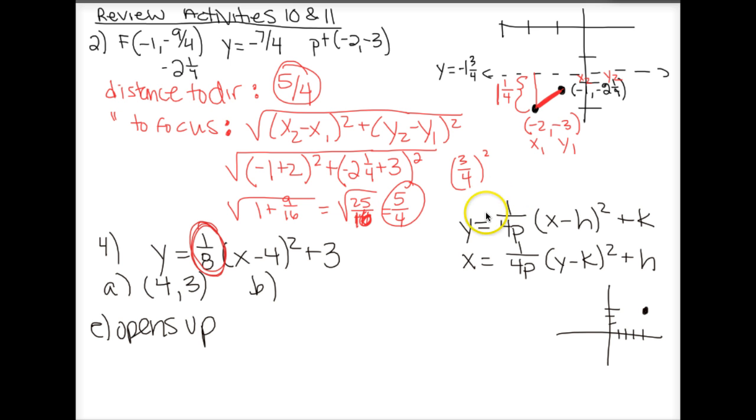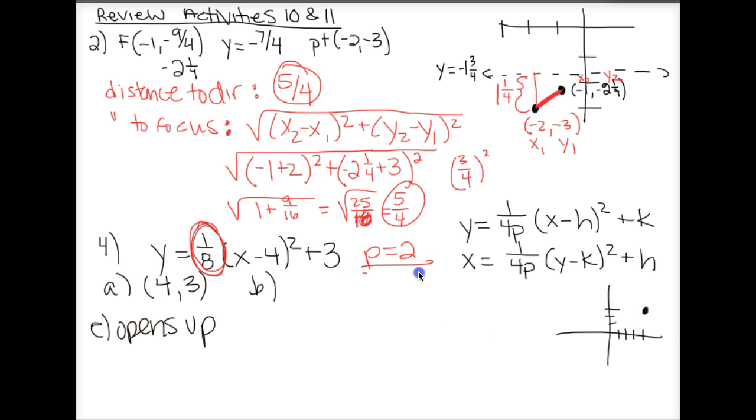Here, that is 1/4p. So all you're doing is asking yourself, what does P have to be in order for me to end up with an 8 down here? And the answer to that is that P has to be 2 because 4 times 2 is what would give me my 8 in front there.